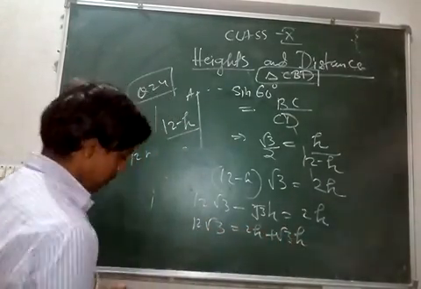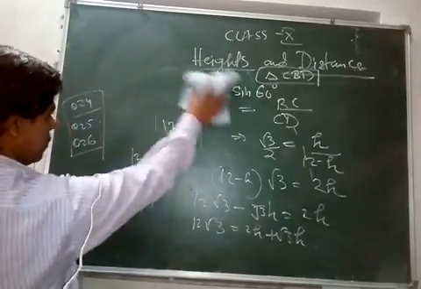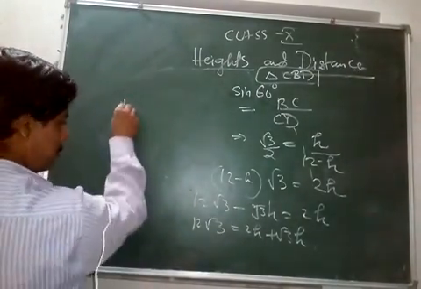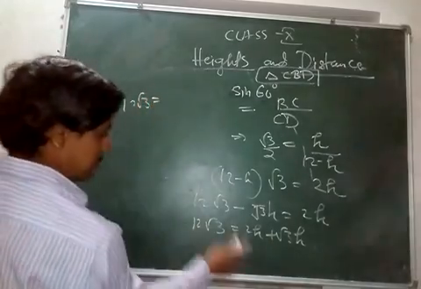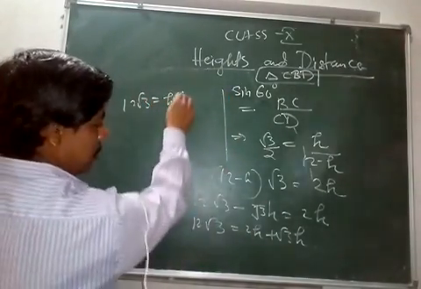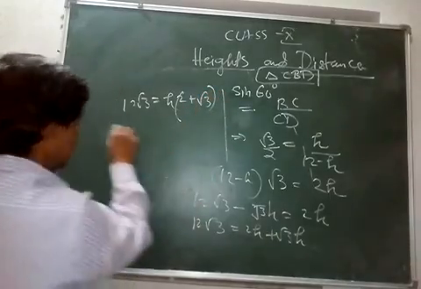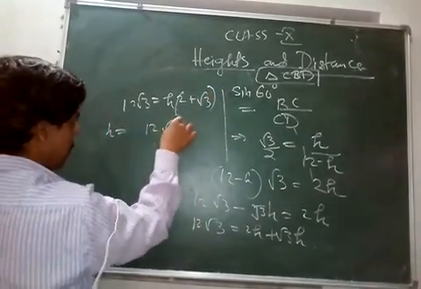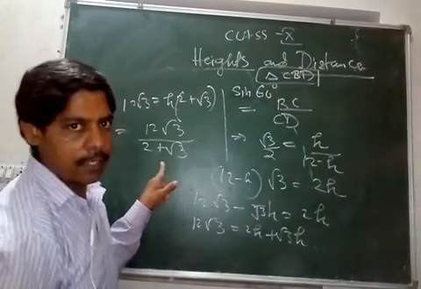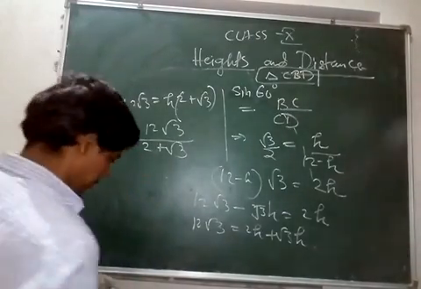Okay, and simplifying this, what you will get, so I am writing it here. You get 12 root 3 is equal to h common. h is common now. So what is this? 2 plus root 3. So h is equal to 12 root 3 upon 2 plus root 3. But here in the denominator is an irrational number, so rationalize.